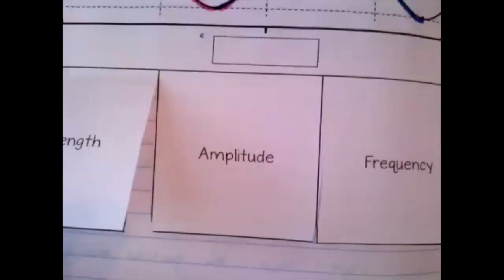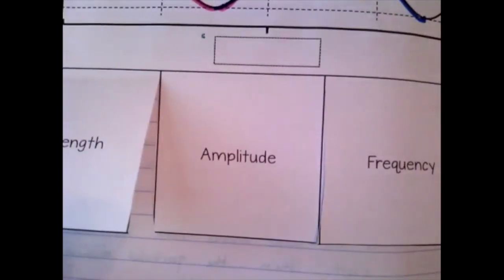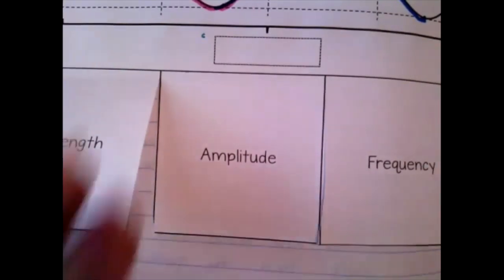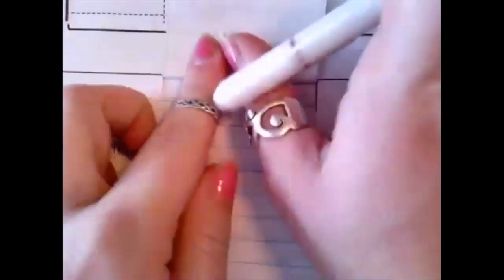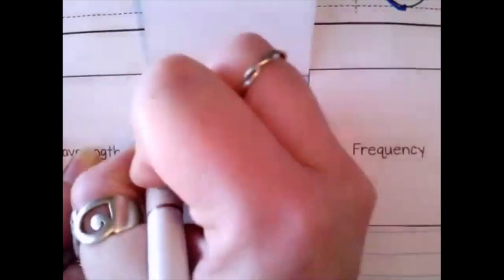Let's talk about amplitude. Amplitude is the distance covered between the crest of a wave and the rest position. So you need to know what the rest position is, or that equilibrium. It is defined as the height of a wave.